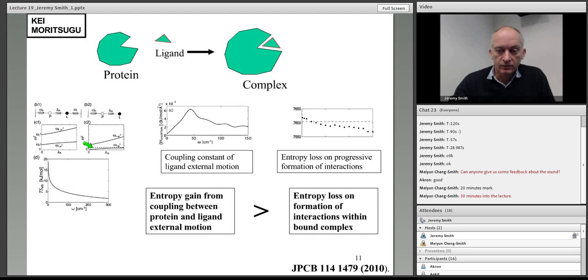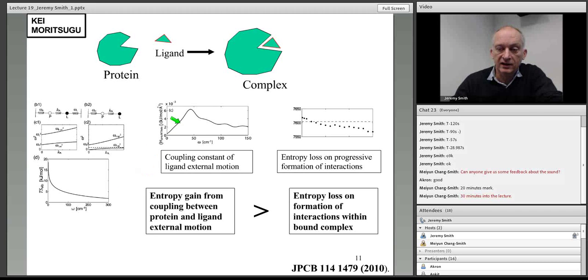So adding these new vibrations can be of low frequency, in other words, thermodynamically very important here. This is the entropy that we just saw as a function of frequency of a vibration. It's low frequency vibrations. If the coupling goes into low frequencies, you can have a strong thermodynamic effect. And that's what was done here.